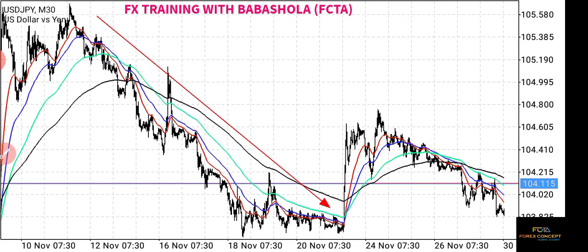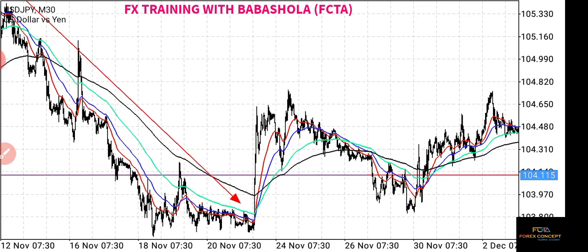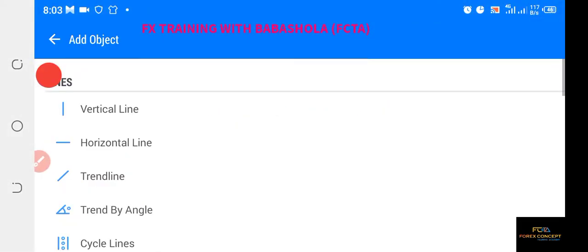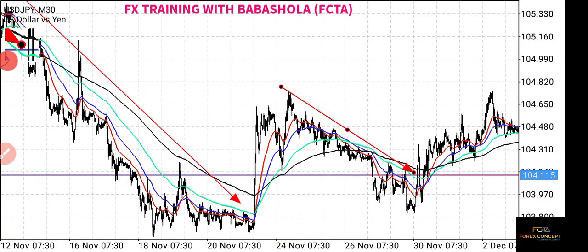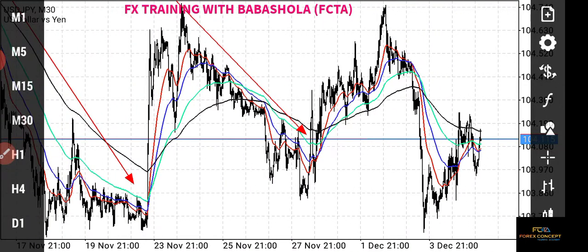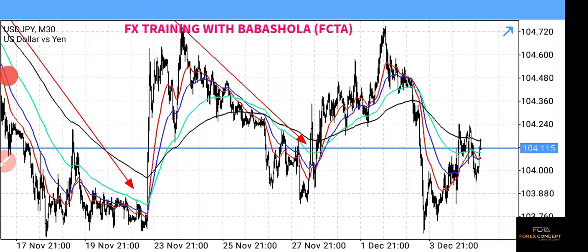Then the trend spiked up. Then we have another downtrend here. Then we have an uptrend here.